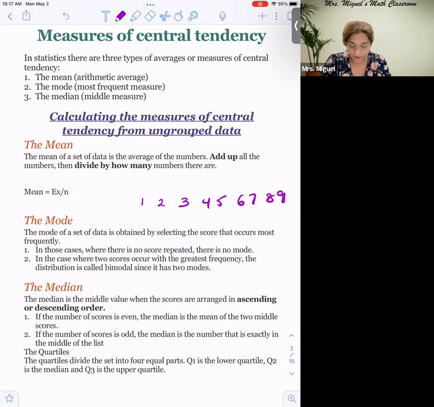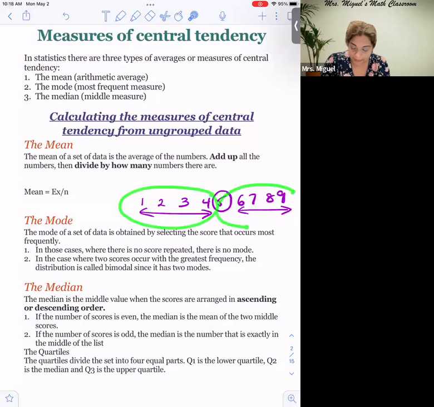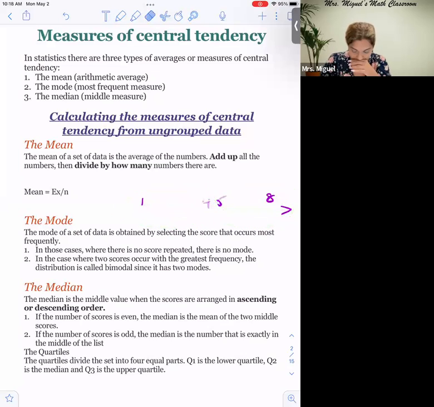So if I had to find the median, I will choose 5. I have 4 numbers to the left and I have 4 numbers to the right. So the median here is 5 because it is exactly the middle of the data. There are the same amount of data on the left of 5 and the same amount of data on the right. So let's make it a little more interesting. Let's go with 10 numbers.